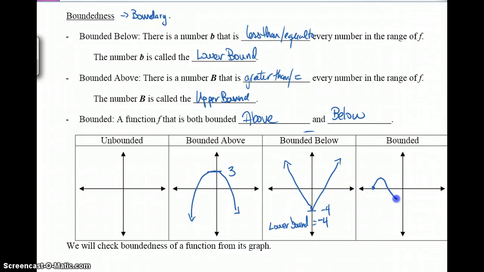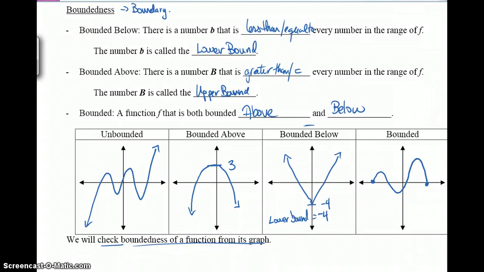You can see a function like this, and notice how we don't have arrowheads here. The domain is not all real numbers. But a lot of times, we see unbounded with our function, that every number in the range is used. Again, we will be checking or estimating boundedness from its graph, just like we'll be doing with intervals.